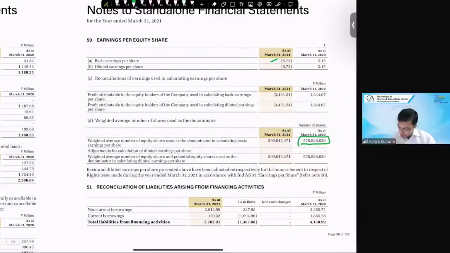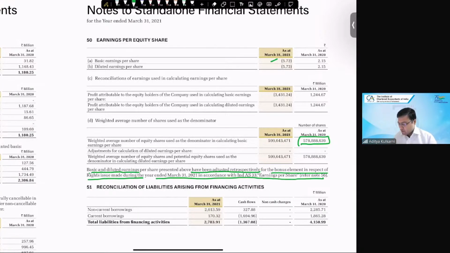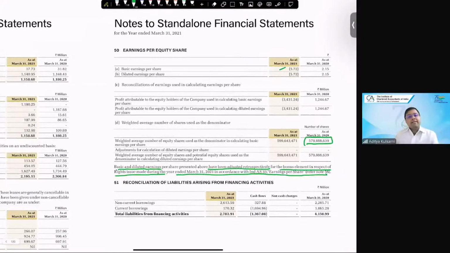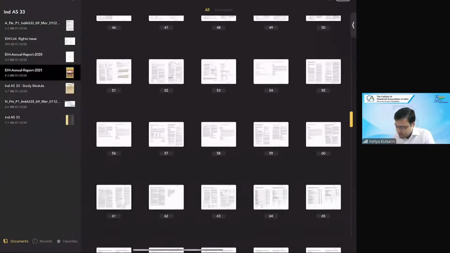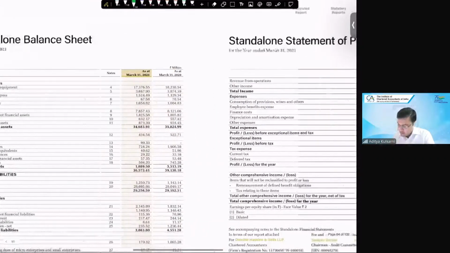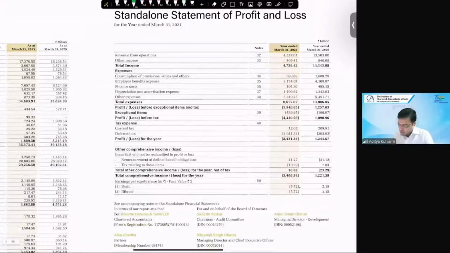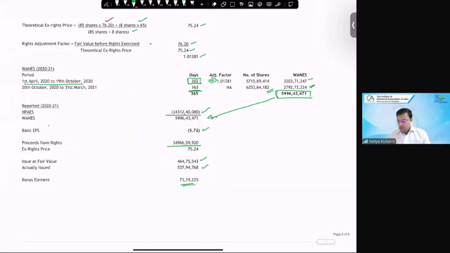Then you can see basic and diluted earnings have been adjusted retrospectively for the bonus element in respect of rights issue made during the year 2021 in accordance with Ind AS 33 Earnings per Share. Refer note number 56. Is it okay? Yes, sir. So they have also disclosed the fact that this is an adjusted number. And where is this EPS sitting happily? It is sitting on the face of the profit and loss account. 5.72, 2.15. Okay? Yes, sir.